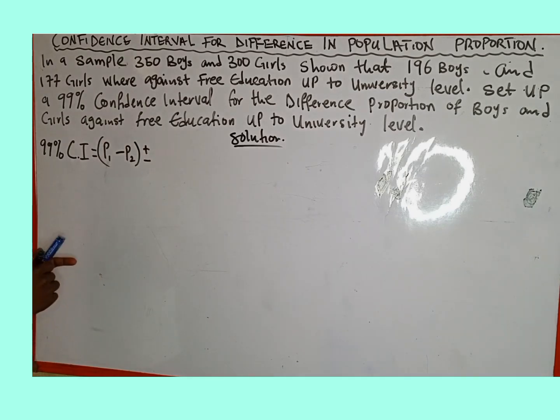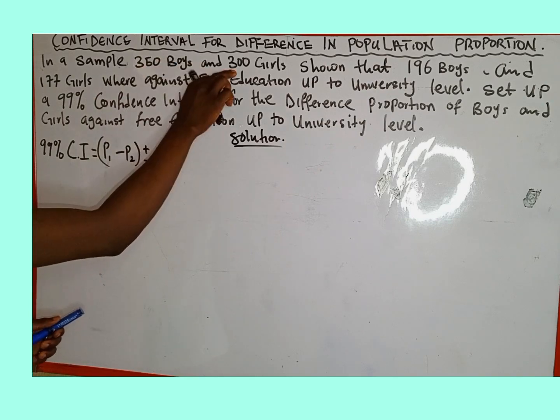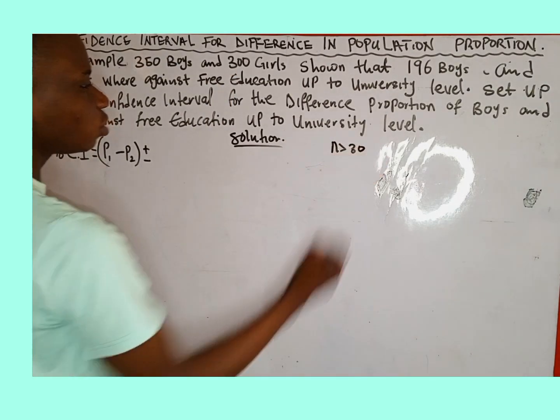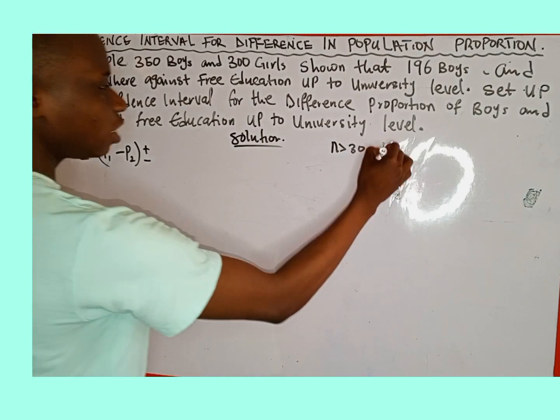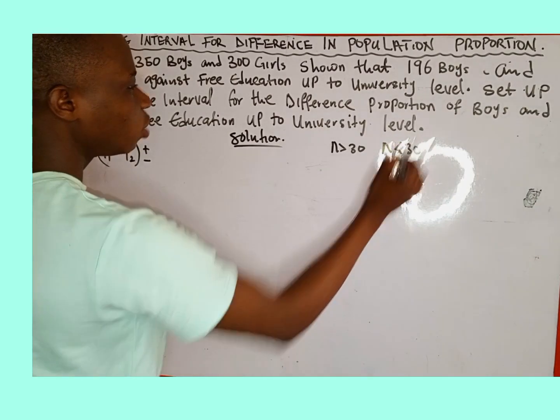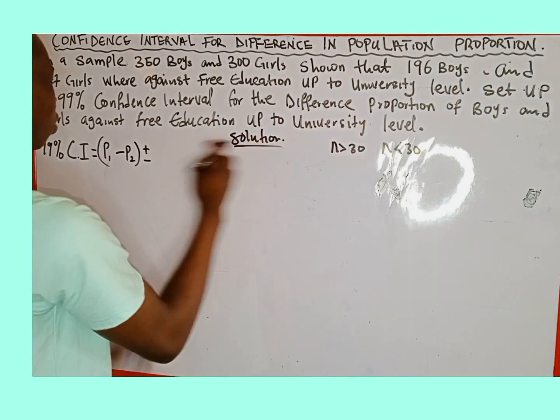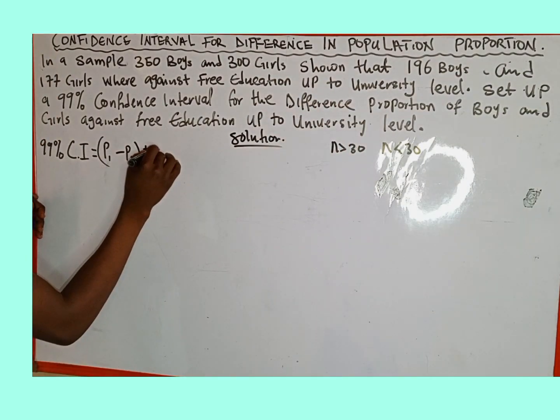We are going to use the Z table because the sample is greater than 30. You recall, if n is greater than 30, we use the Z table. Otherwise, if n is less than 30, we use the T table. So now that our sample is larger, we are going to use the Z table.